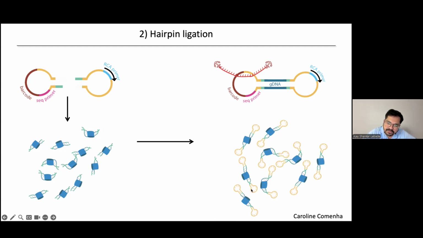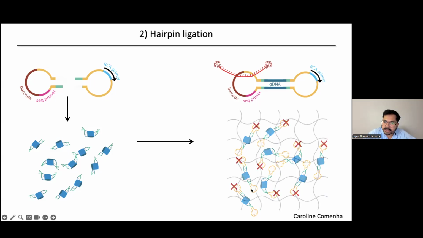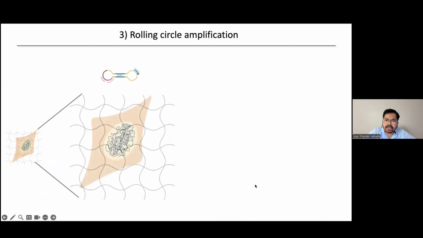So now when you form a gel on this tagmented genome, it is going to get linked to the gel, so that when you expand, you get isotropic expansion of all the genomic DNA fragments that are there. All the dumbbells are now in their own position. They don't change position. And you get an isotropic expansion.